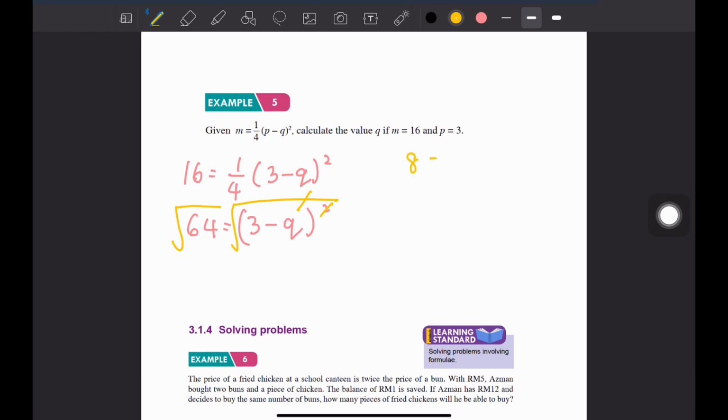So 8 is equal to 3 minus q. We want q, right? So q, you move it to the other side. So negative will become positive. So q is equal to 3. The 8 you move to the other side, positive will be negative 8. So q is equal to negative 5.